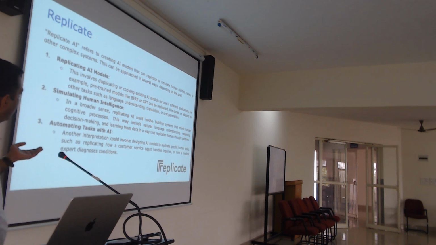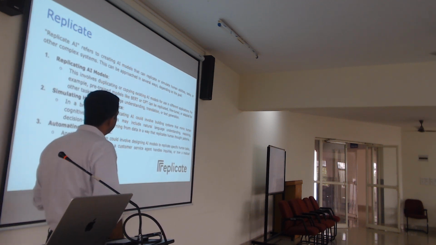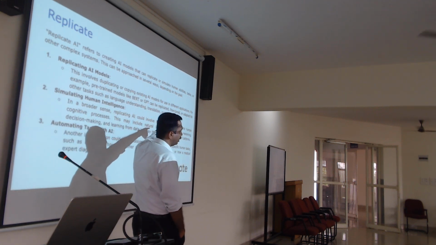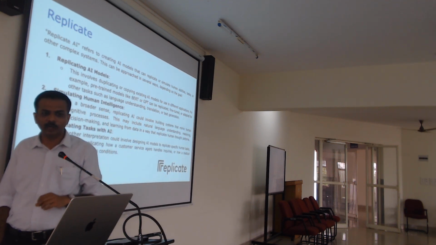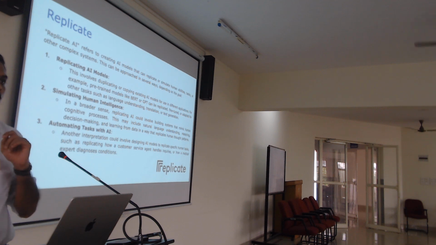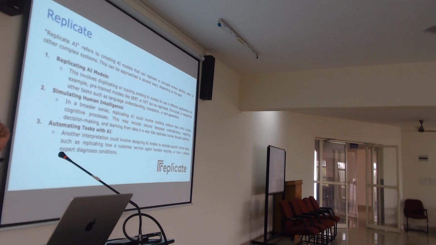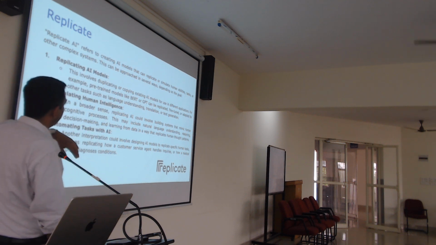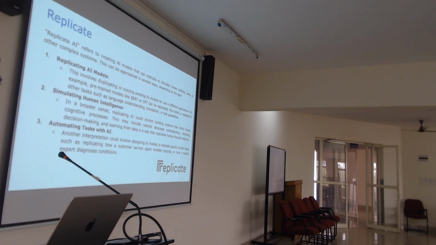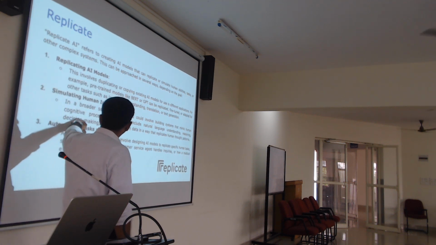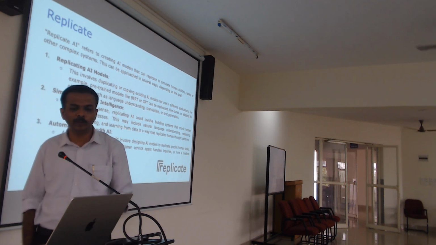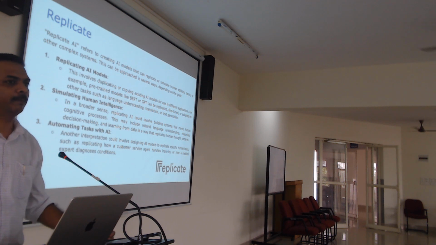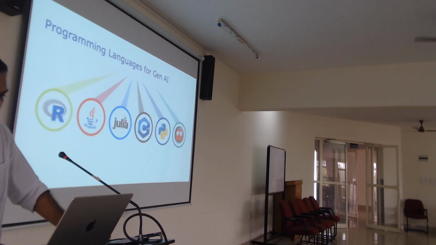For example, pre-trained models like BERT or GPT can be replicated and fine-tuned for language understanding, translation, text generation. So Replicate is widely used. It is used whenever you want to simulate human intelligence, like building systems that mimic human cognitive processes. It supports that, and it automates tasks with AI. So this is the Replicate functionality.